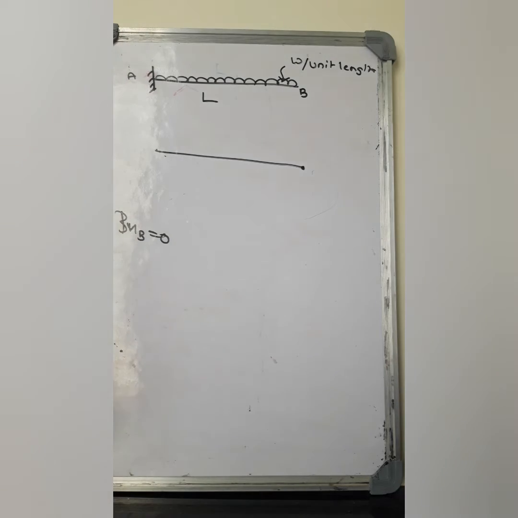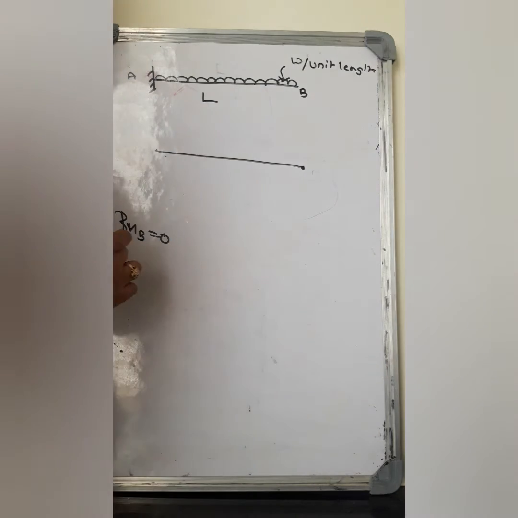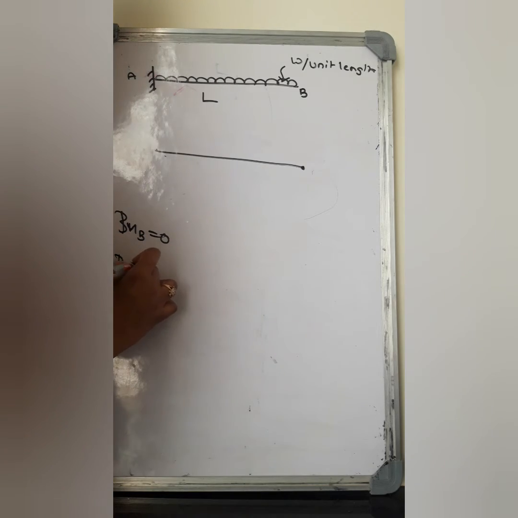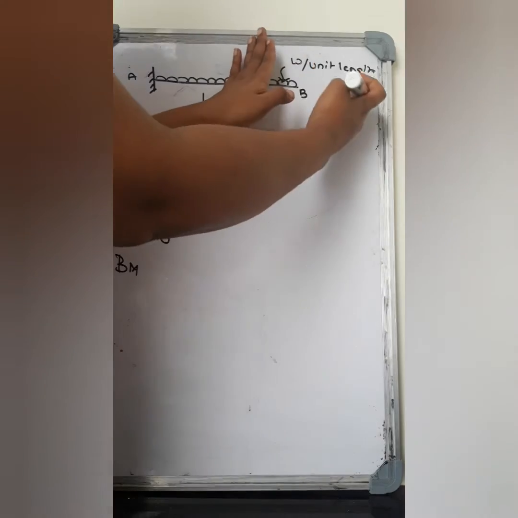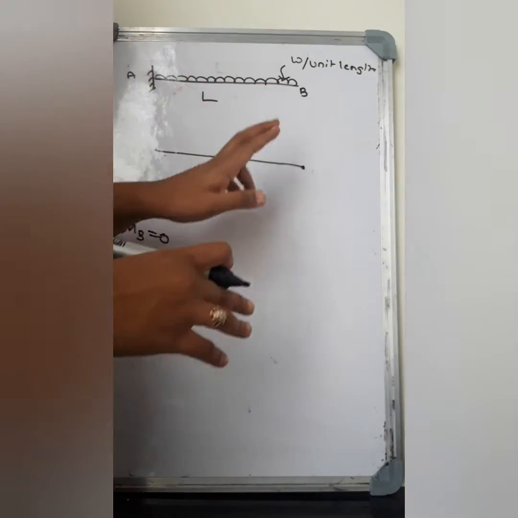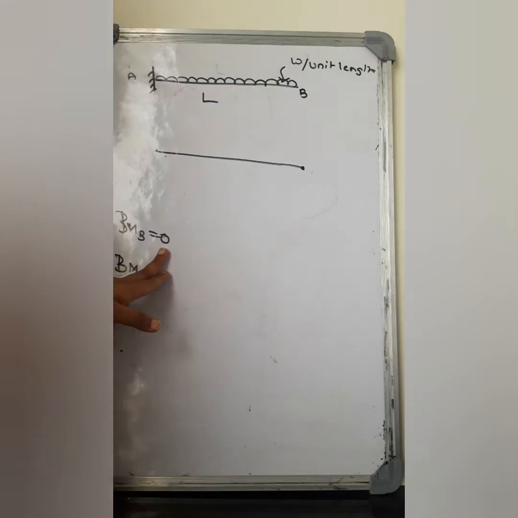And the sign convention: whenever you are taking the right portion, you use anti-clockwise moment as positive and clockwise moment as negative. So bending moment at B, if you are taking the right portion, you don't have anything over there, so I will directly write it as 0.